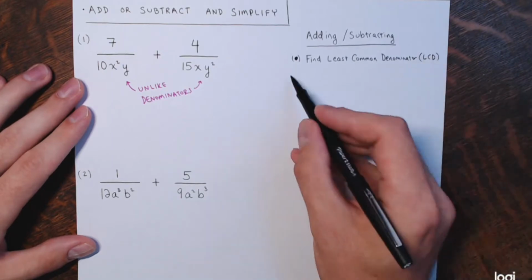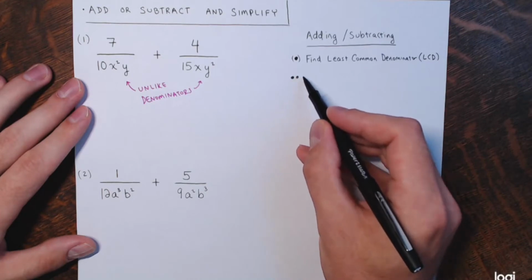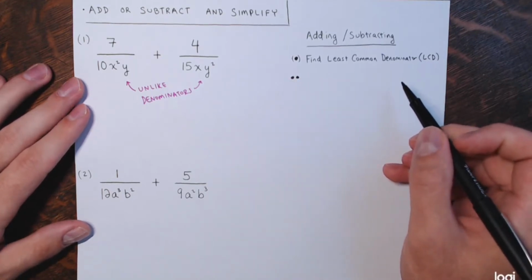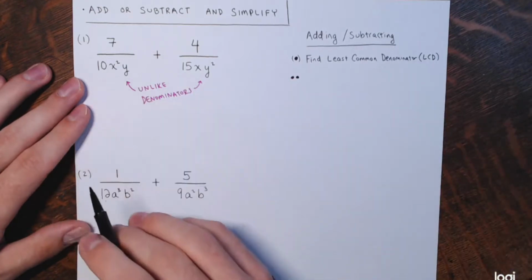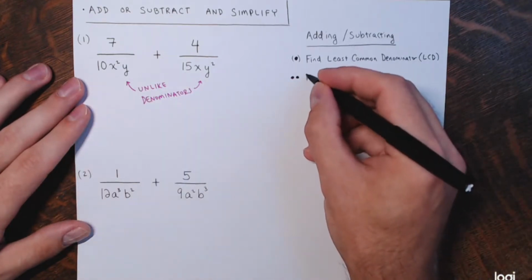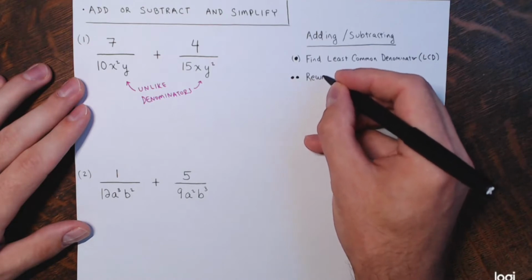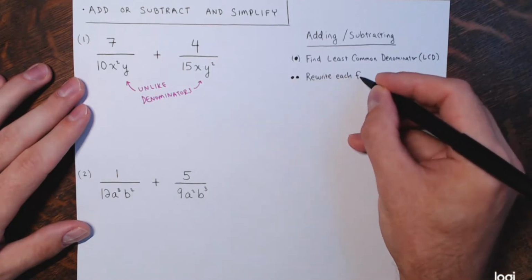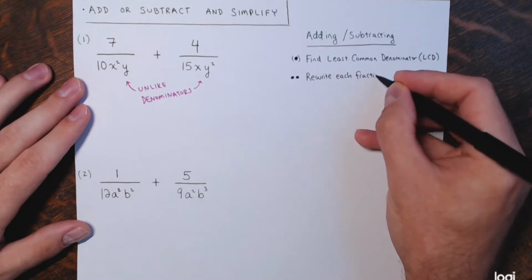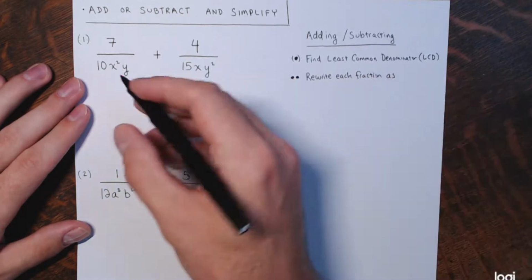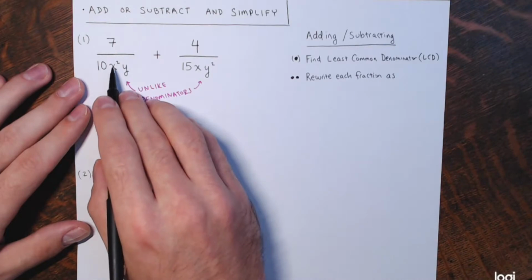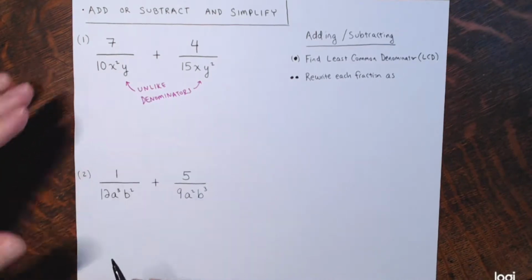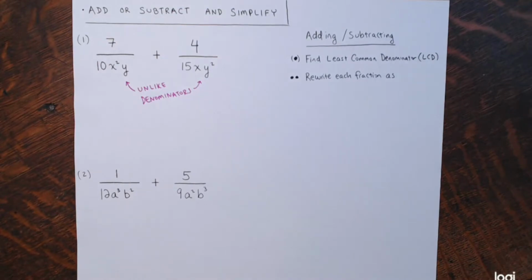Then the second part, after finding the least common denominator, I'm going to rewrite each fraction as an equivalent fraction. This first fraction I'm going to write as a new fraction that has the same value. It's an equivalent fraction.